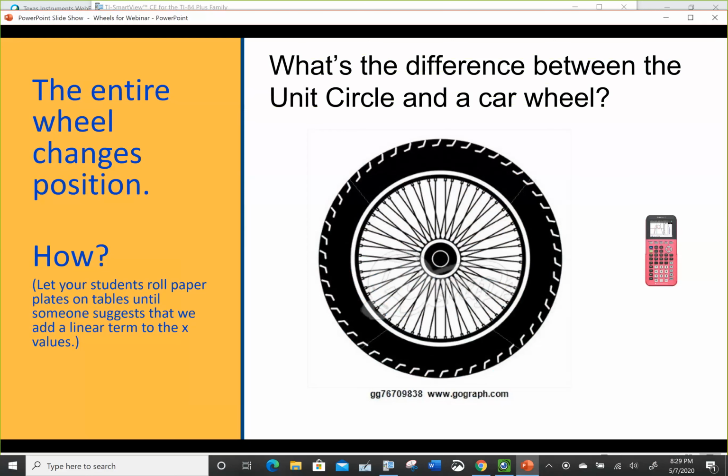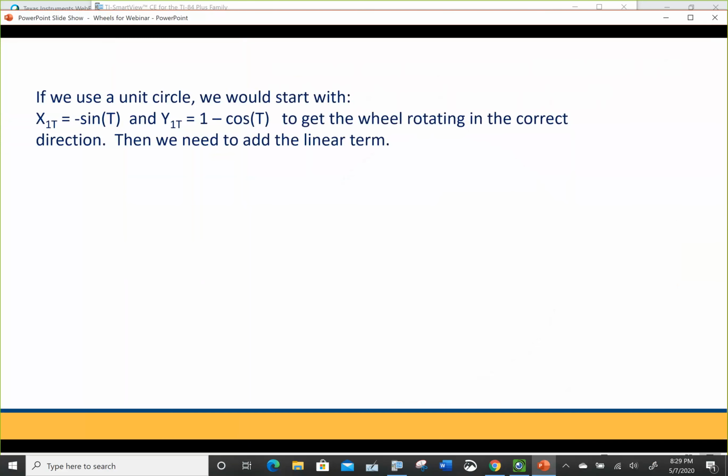So that's why earlier I wanted to start with negative sine t for the x's and 1 minus cosine t for the y's to get the wheel rotating in the correct direction. Now, I added 1 to the y's because if this is really a unit circle, then I want to move it up 1 radius.